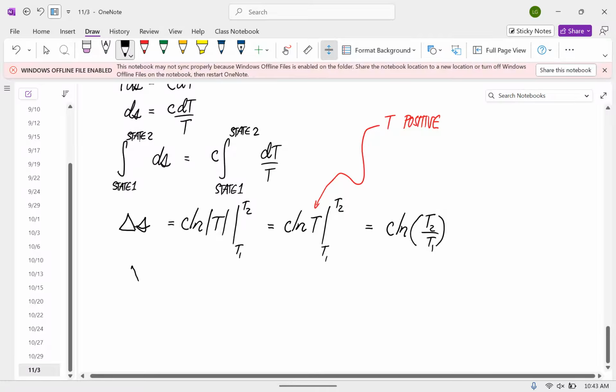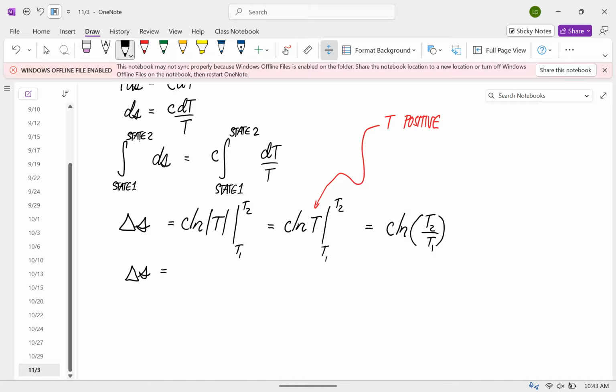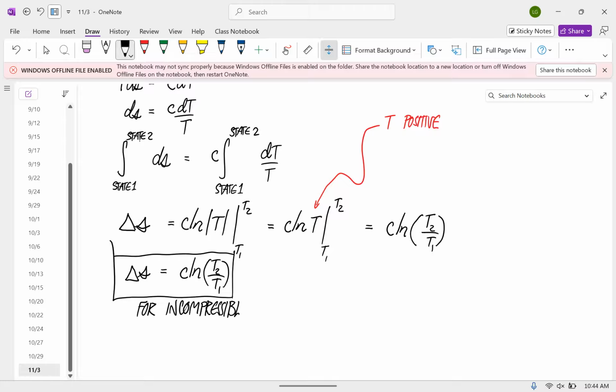And so if you want to calculate the change in entropy for an incompressible material, it's equal to c times the natural log of T2 over T1. And that's something we're going to use quite a bit, actually. This is for an incompressible material, which is a liquid.